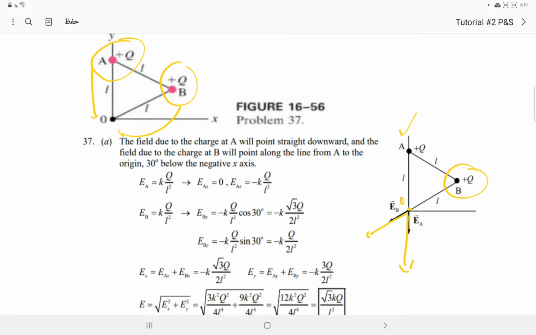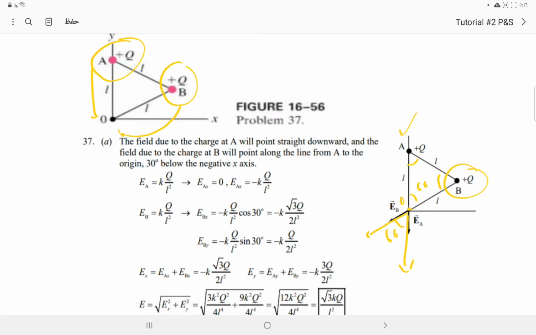You can see all sides here are equal, because we have the length L here, L here, and L here. So each angle is 60 degrees, because the sum of all the inner angles inside a triangle should be equal to 180 degrees.